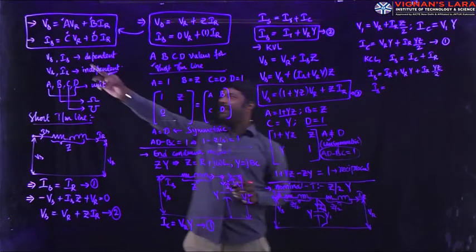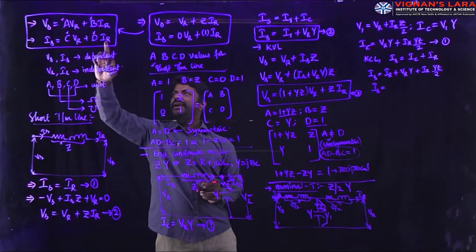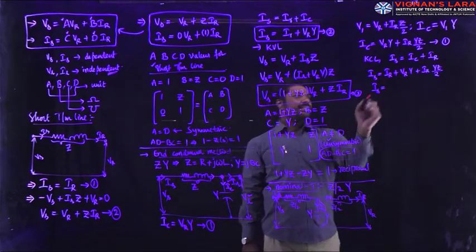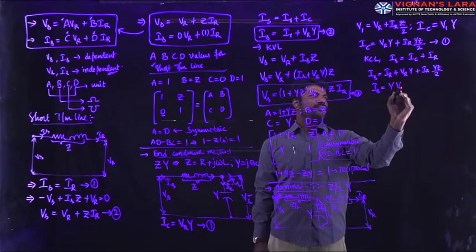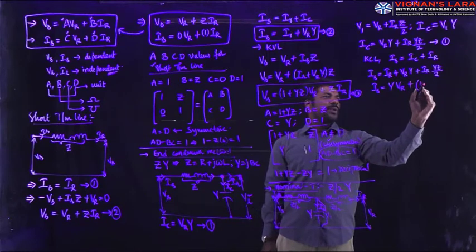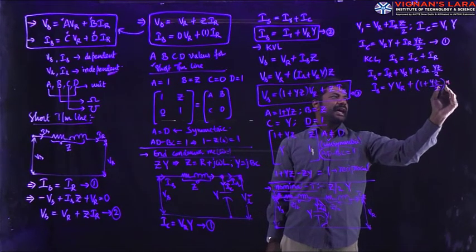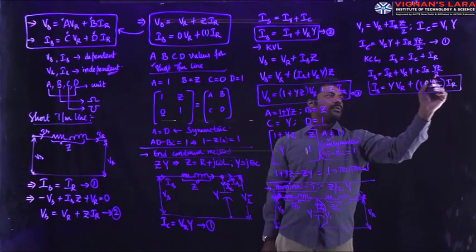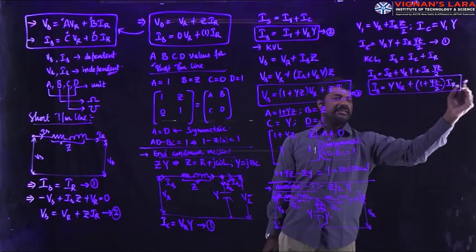The current IS should be in terms of VR first, and later defined in terms of IR with its coefficients. Then we can write IS as Y into VR plus IR with coefficient 1 plus YZ by 2. This is the IR coefficient. Let it be equation 2. With this we got the overall simplification for the current IS. This is equation 2.